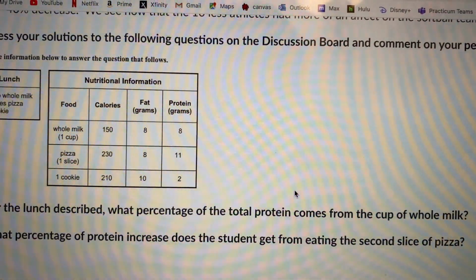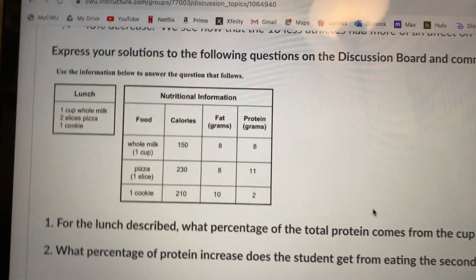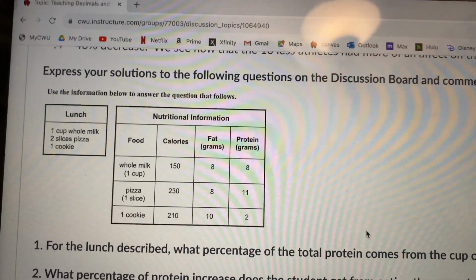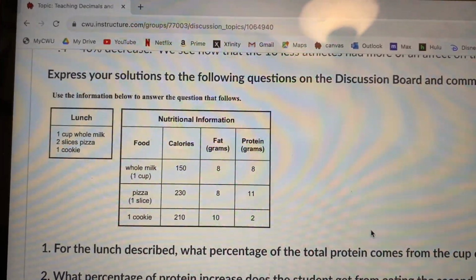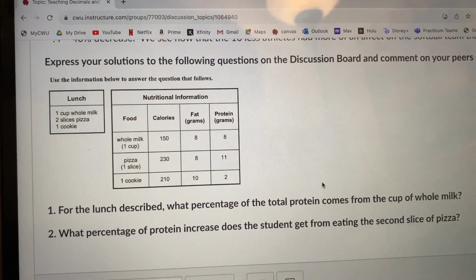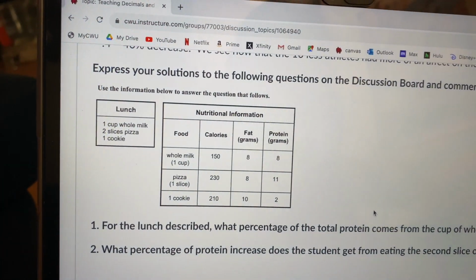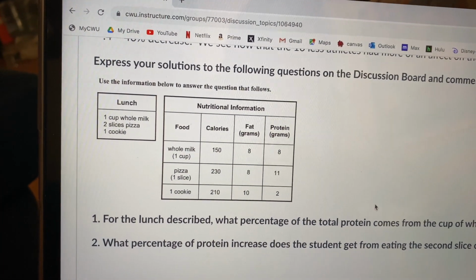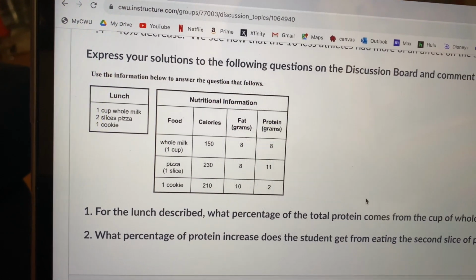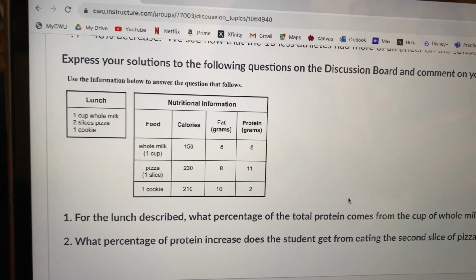So the question is asking for the total protein that comes from the whole cup of milk. So we're looking at the lunch and we see that they only got 1 cup of whole milk. So let's write that down. And if we look back at our chart, how much protein is in 1 cup of milk? Can anybody see by using the chart? 8, right?